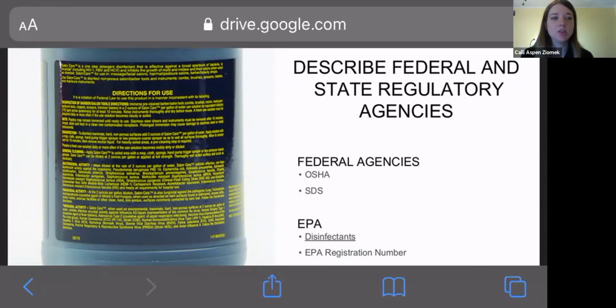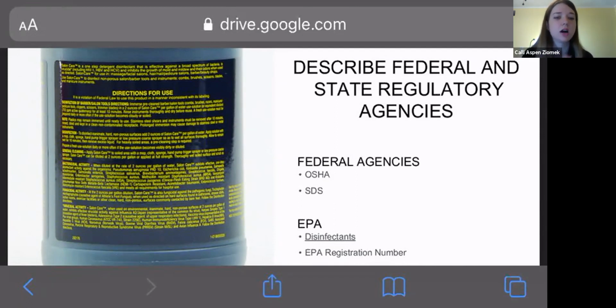The 2 main agencies that you're going to come in contact with in regards to infection control will be OSHA and EPA. OSHA is the Occupational Safety and Health Administration.